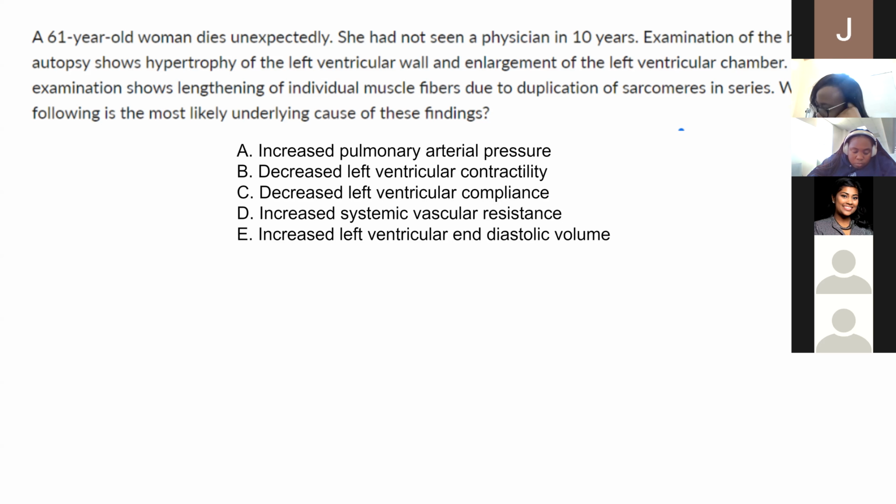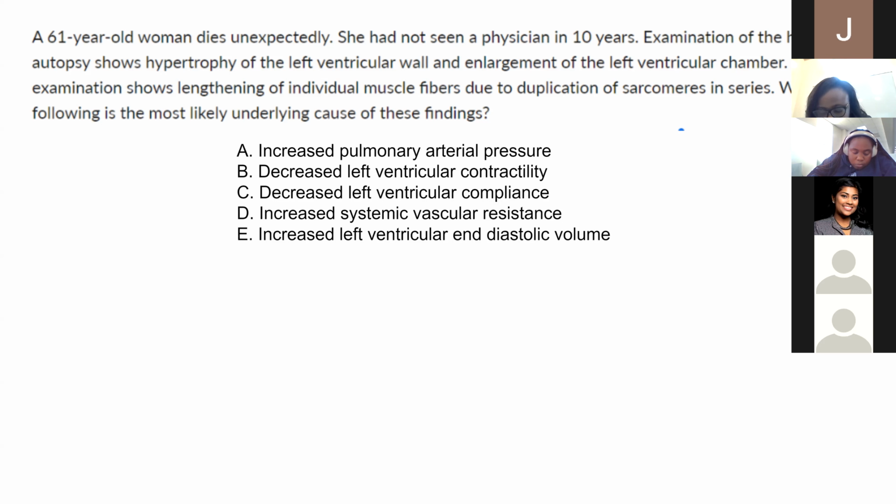Most of the time it randomly happens, but you can have alcoholism, sorry, alcohol use disorder, that's what we're calling it now, or anything like that cause this. And then that could cause the increased left ventricular end diastolic volume. That increase presets all of the findings. It starts off the entire pathomechanism behind the dilated cardiomyopathy.